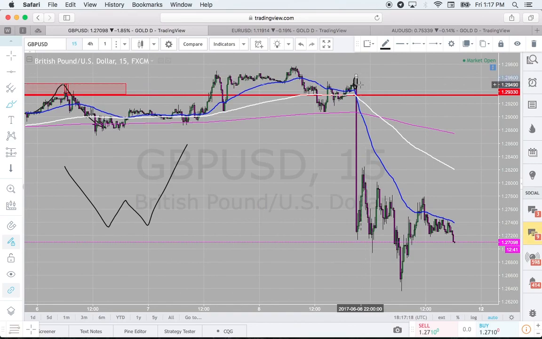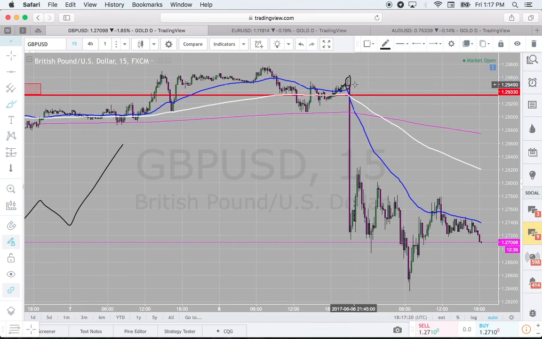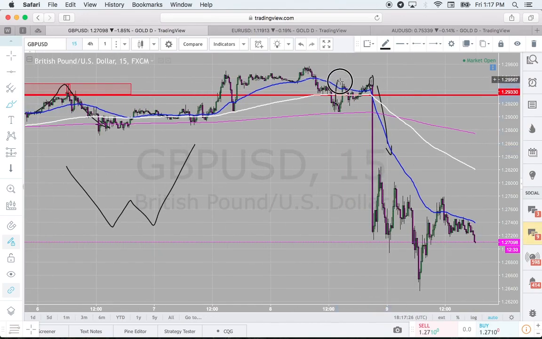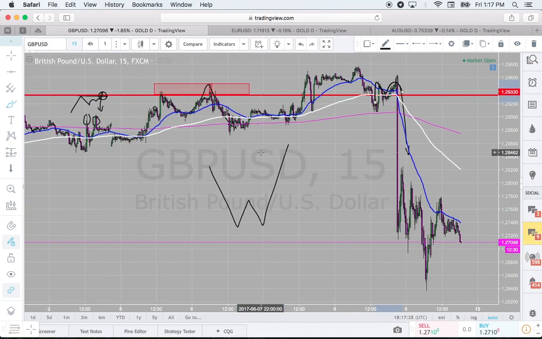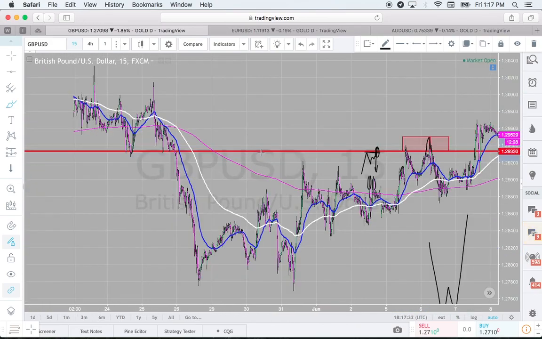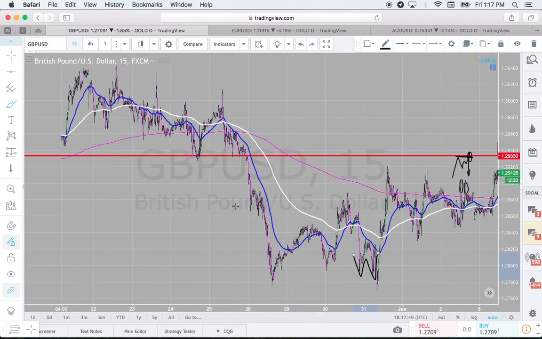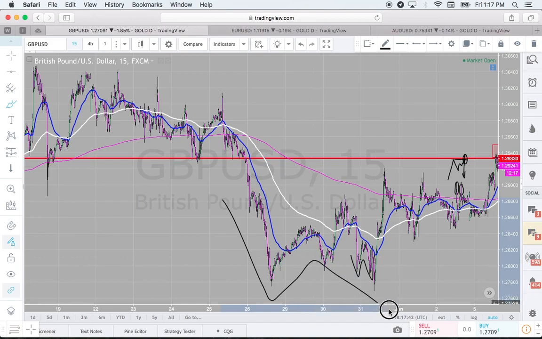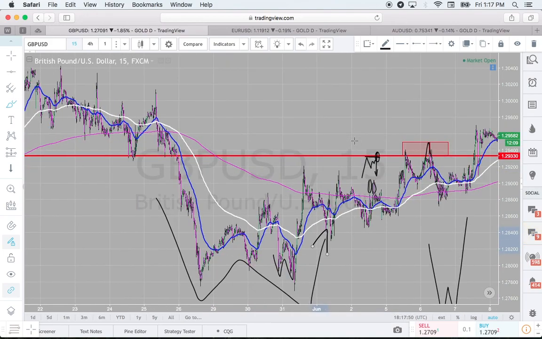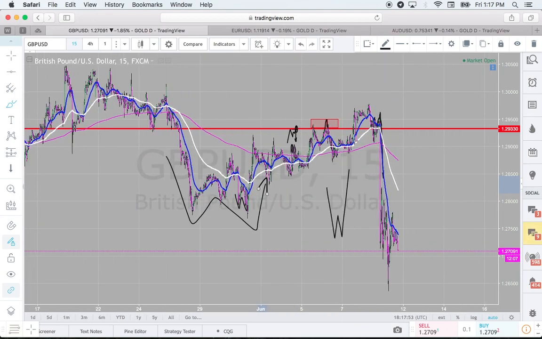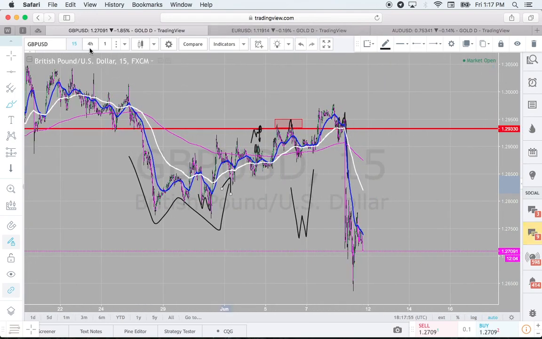Right after creating that wick, price was dumped 200 pips off of that M formation. So we can see these M's and W's happening all the time in micro and in macro form. We'll go more in depth on M&W patterns and why they happen in future lessons.